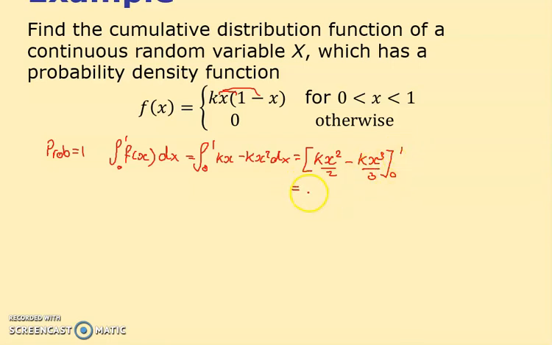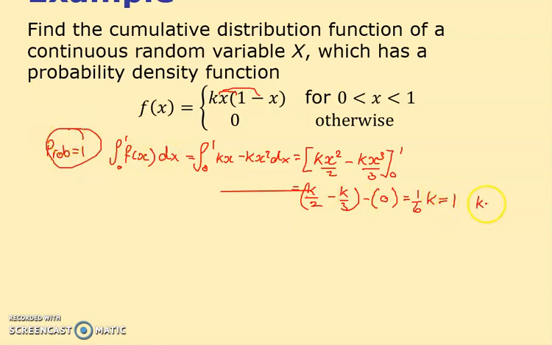So if I put 1 in, I get k over 2, and the 1 into the other gives k over 3. And if I put 0 in, I get 0 out. So this is effectively k over a half minus a third of k, which is a sixth of k. And don't forget, the probability has got to equal 1, so k equals 6.